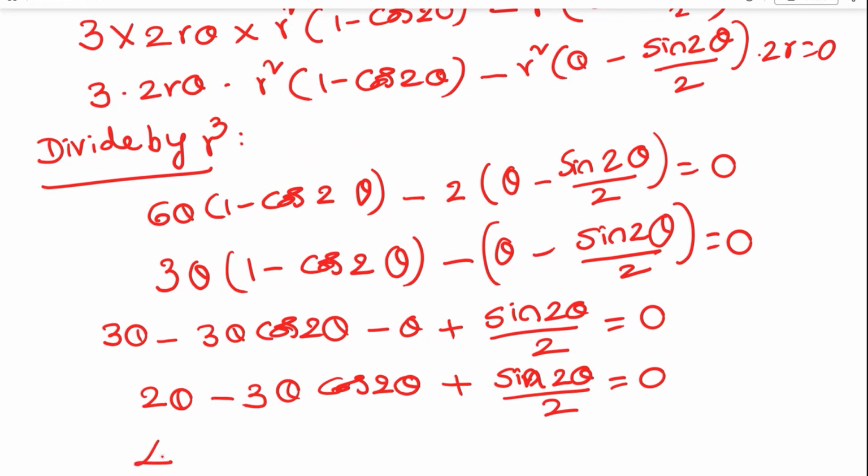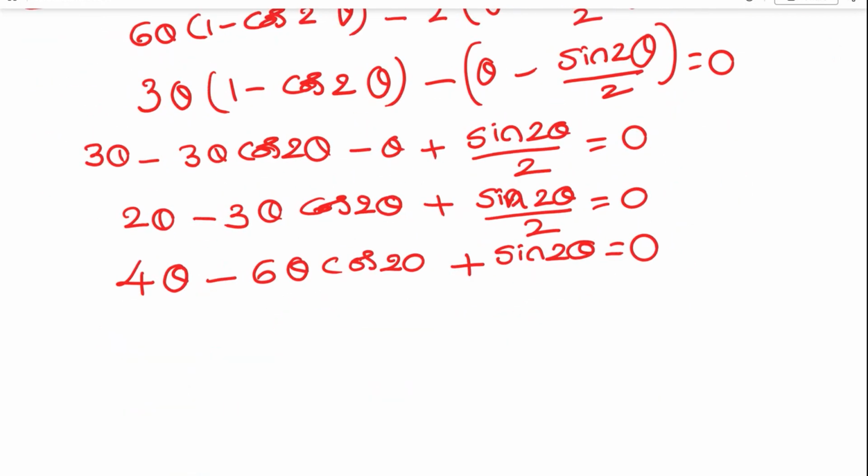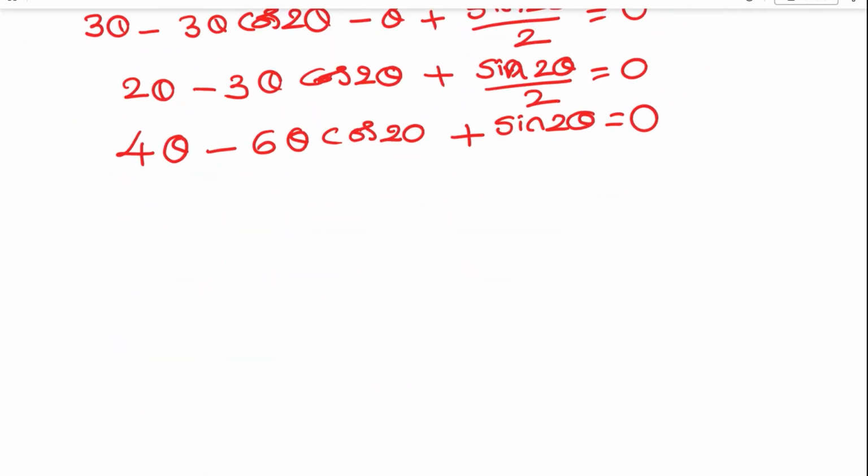So that means 4 theta minus 6 theta cos 2 theta plus sin 2 theta is equal to 0. So this is the final equation. What is our final equation if you see?